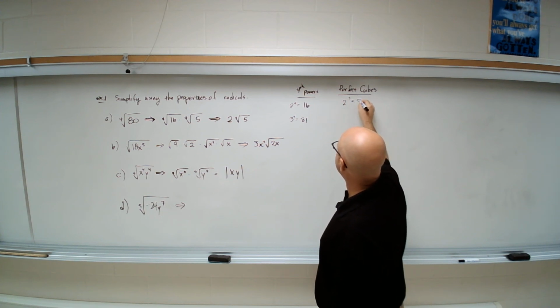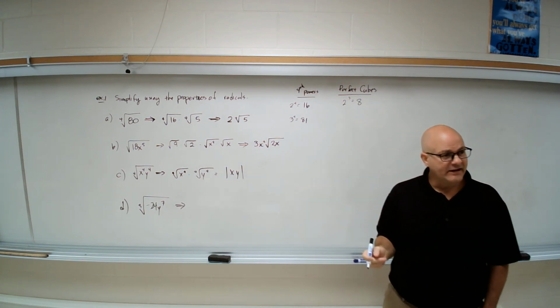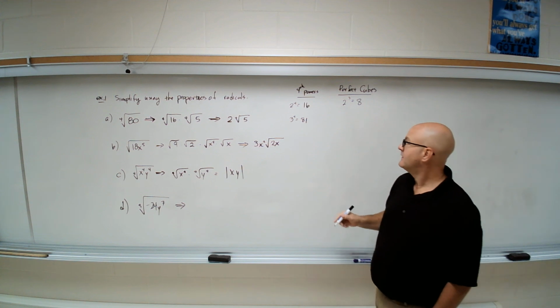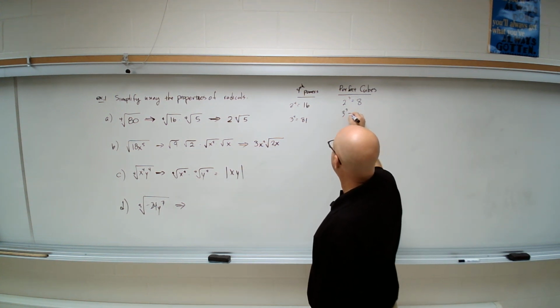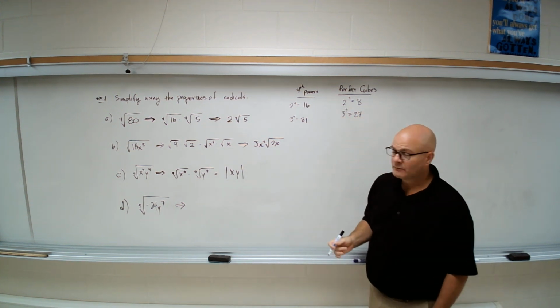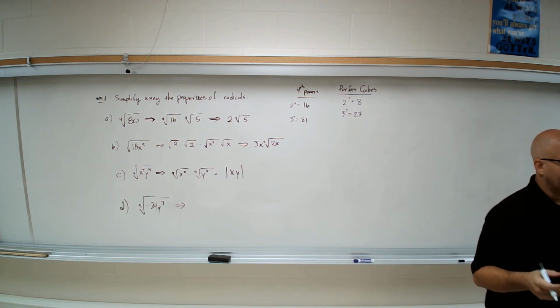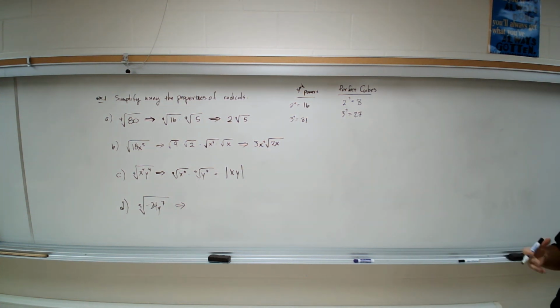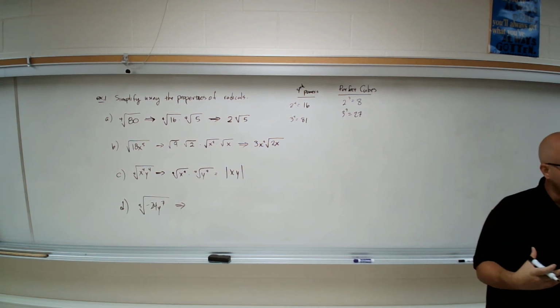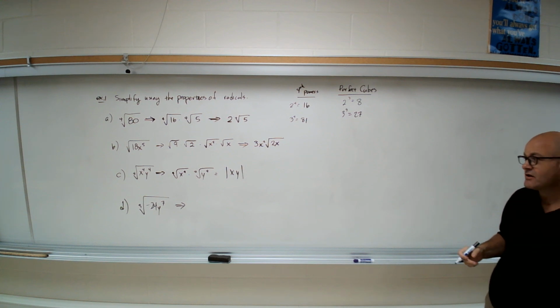Well, 2 cubed is 8. I know that 8 goes into 24, right? 3 cubed is 27, which is bigger than 24, so that's not going to help us any. We know that if we cube a negative number, it remains negative, or if we take the cube root of a negative number, we're going to get a negative answer.